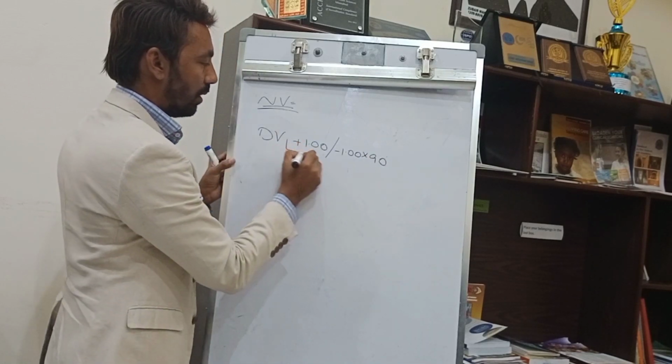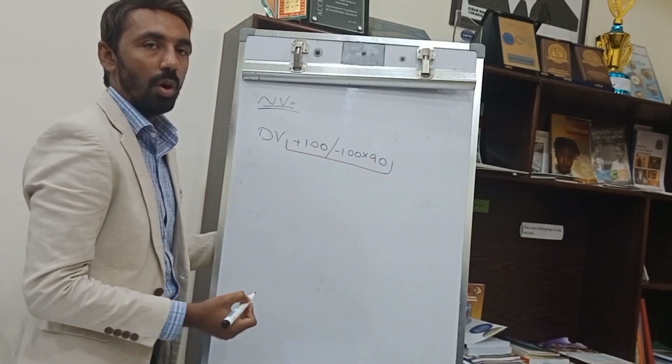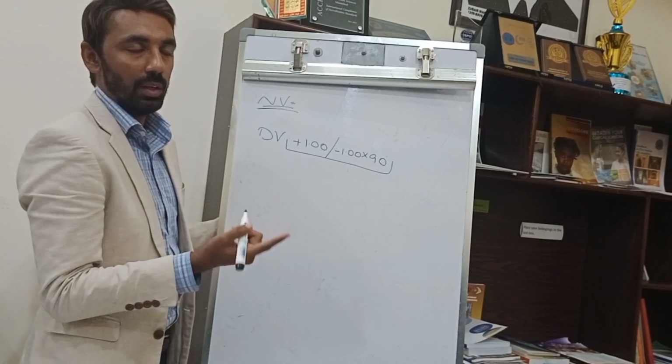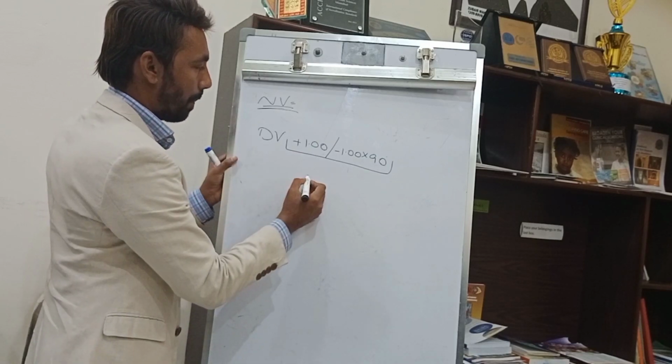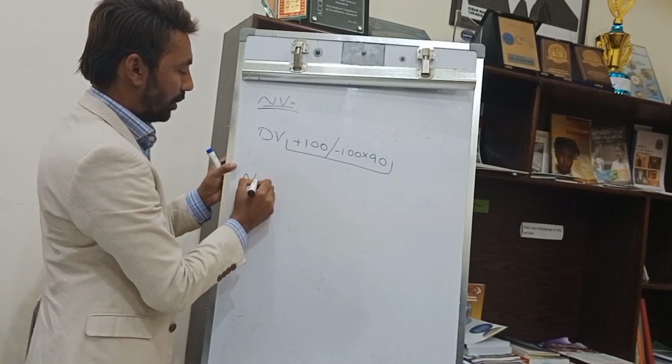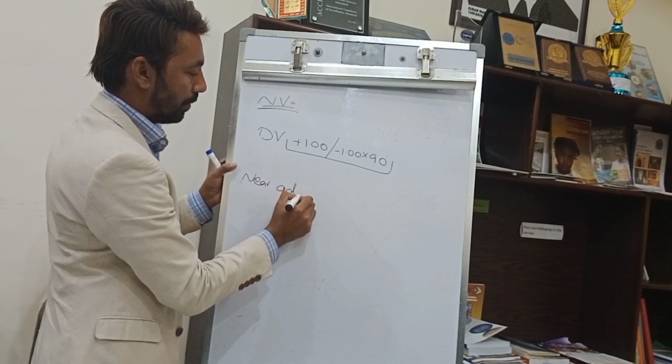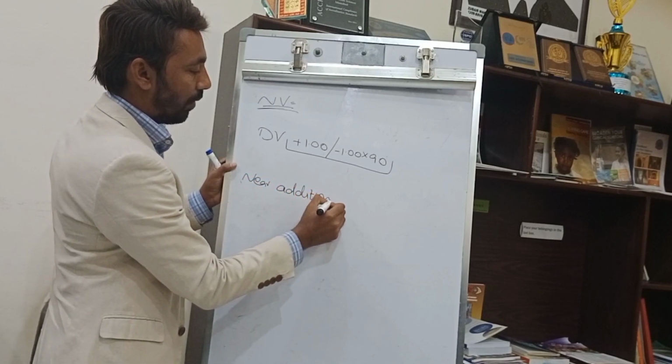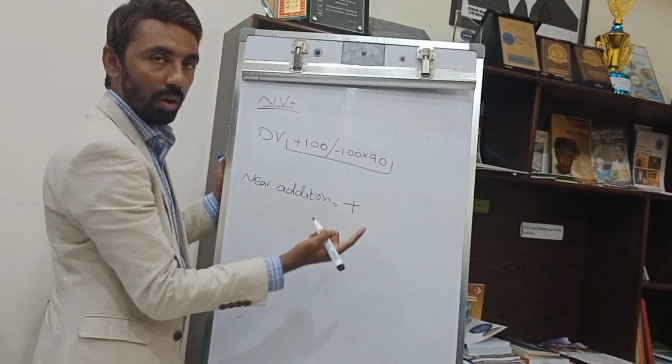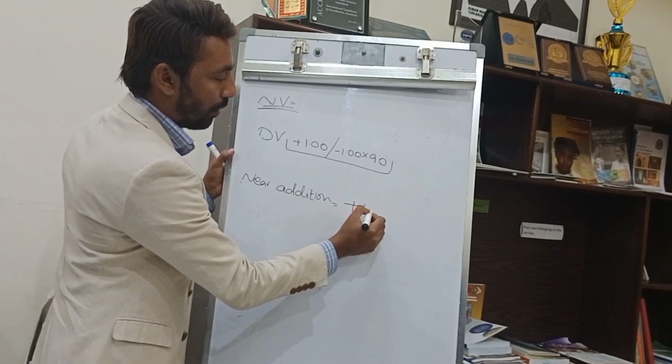This is the distance vision prescription of a patient, right? And as I said, the near addition is always in plus, convex, spherical form.